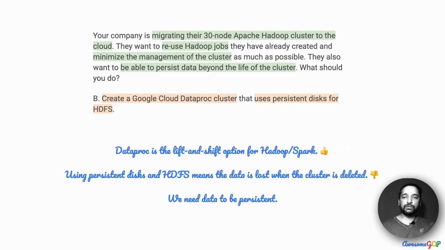Even if there are ways to save this data onto other persistent disks or to retain the data from this persistent disk somewhere else, it will all require additional tasks. And that additional overhead is not going to help us because we want to minimize the management of the cluster. So given that, we will have to eliminate the option that uses a persistent disk along with Cloud Dataproc.